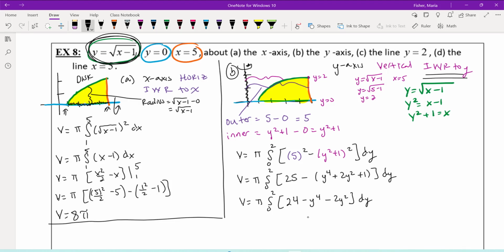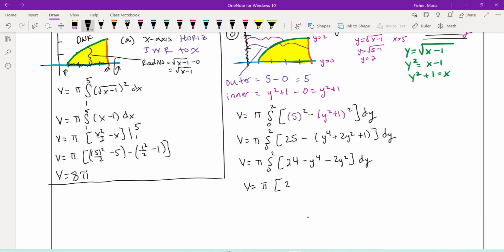Integrating this now, we end up with 24y minus y to the 5th over 5 minus 2y cubed over 3, and this gets evaluated from 0 to 2. Plugging in those limits of integration, 24 times 2 minus 2 to the 5th over 5 minus 2 times 2 cubed over 3, and if I plug in zeros for all those y's, that's just going to be a 0.